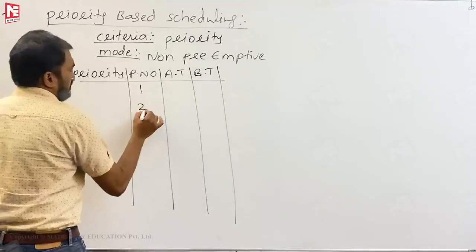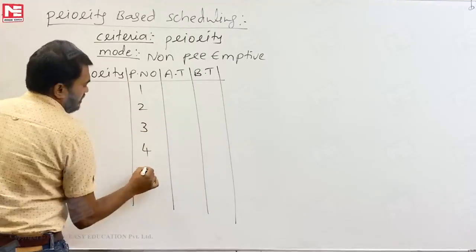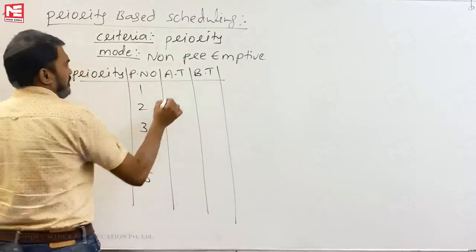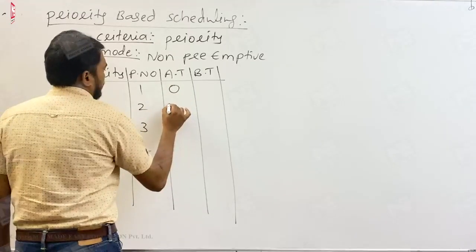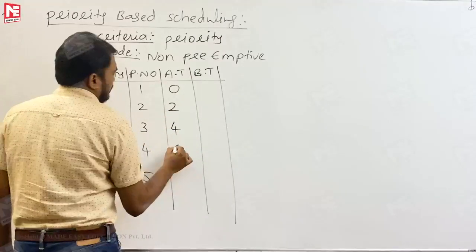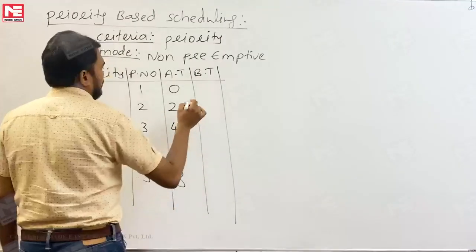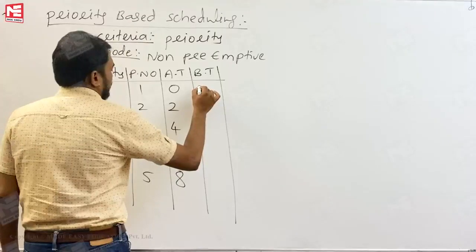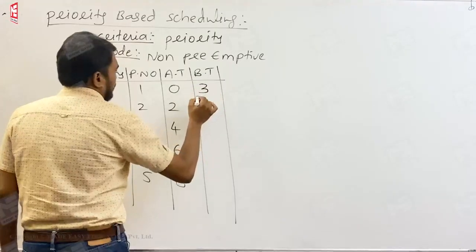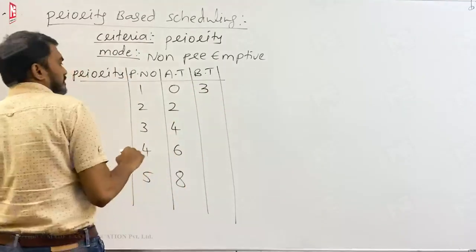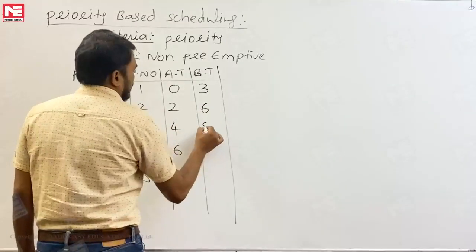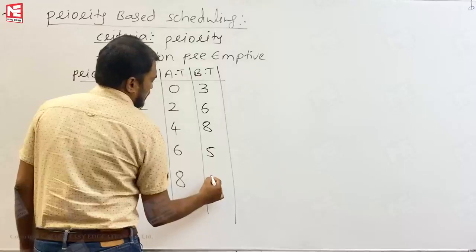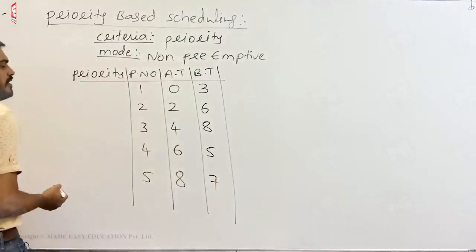So these are the process numbers, these are the arrival times, and the burst times are given to you.